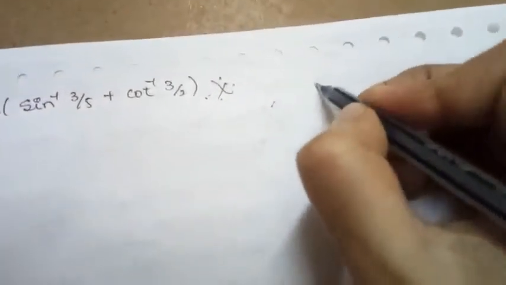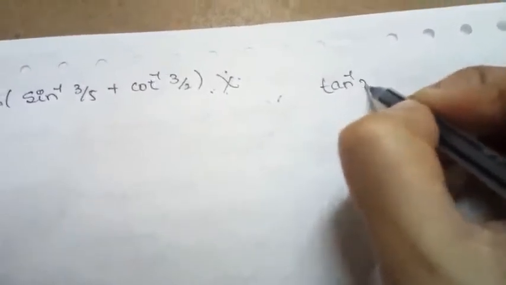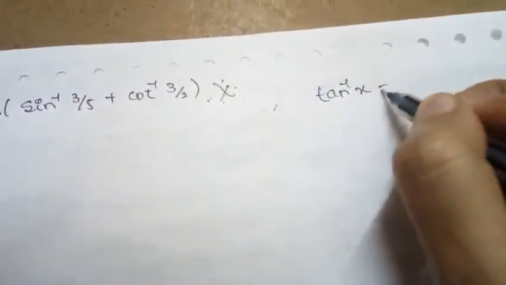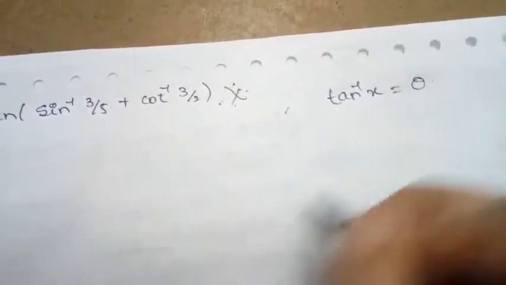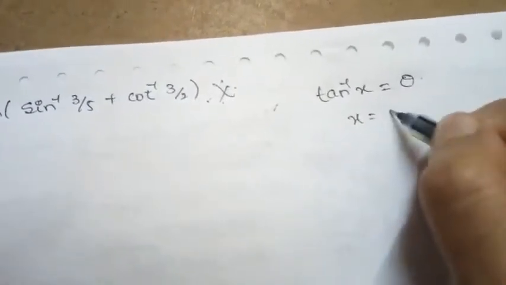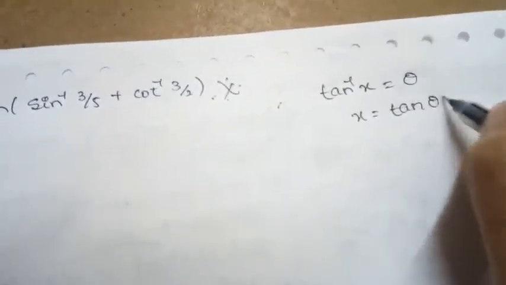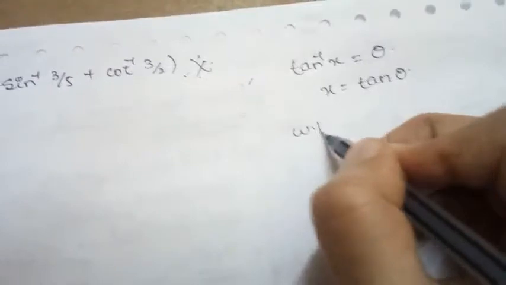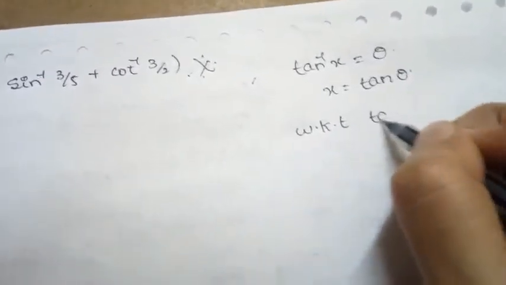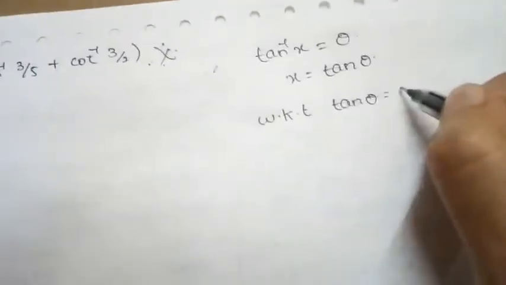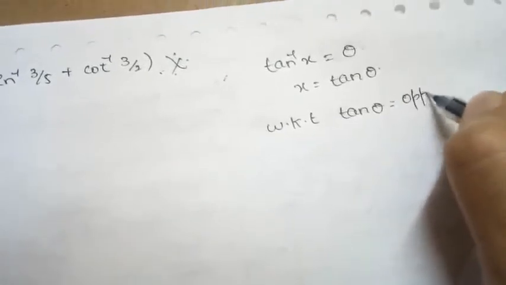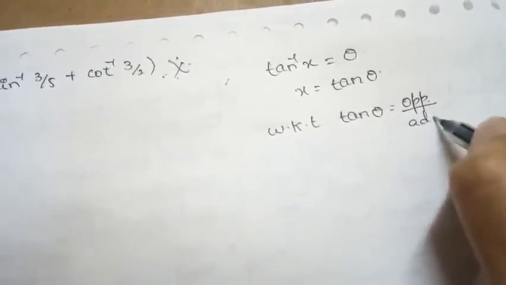Suppose we have tan inverse of x equal to theta. Then x is equal to tan theta, and we know that tan theta is nothing but opposite by adjacent side.